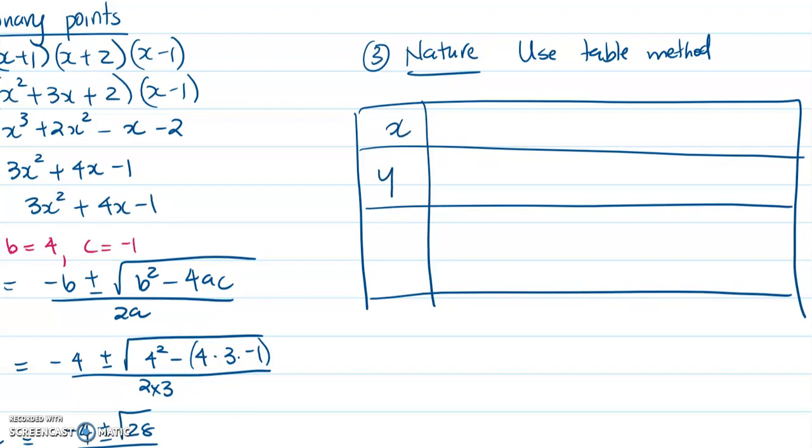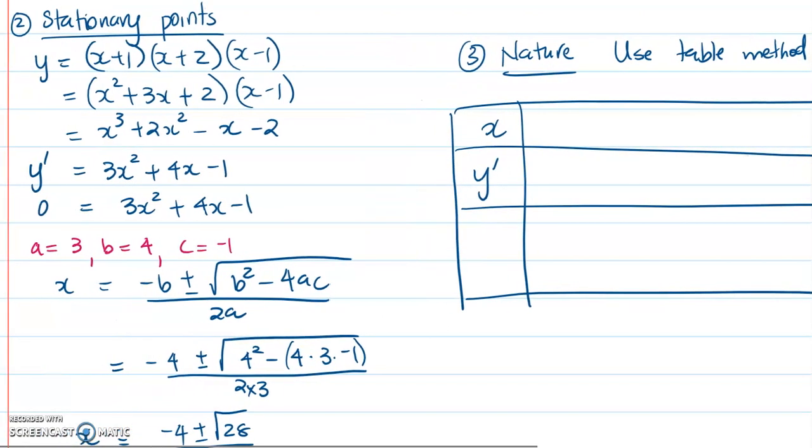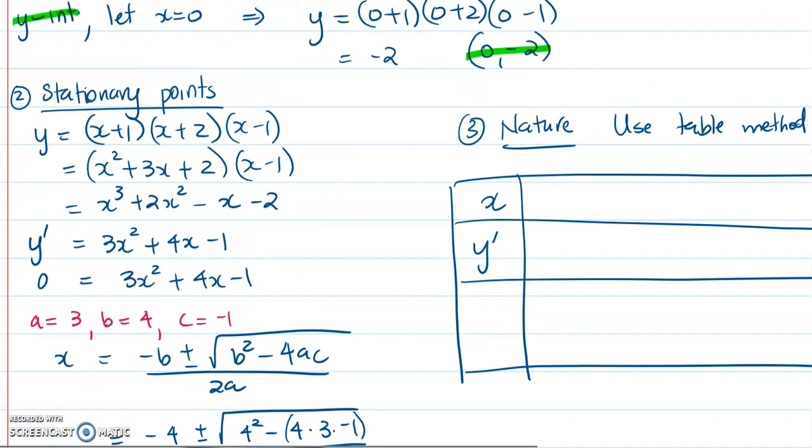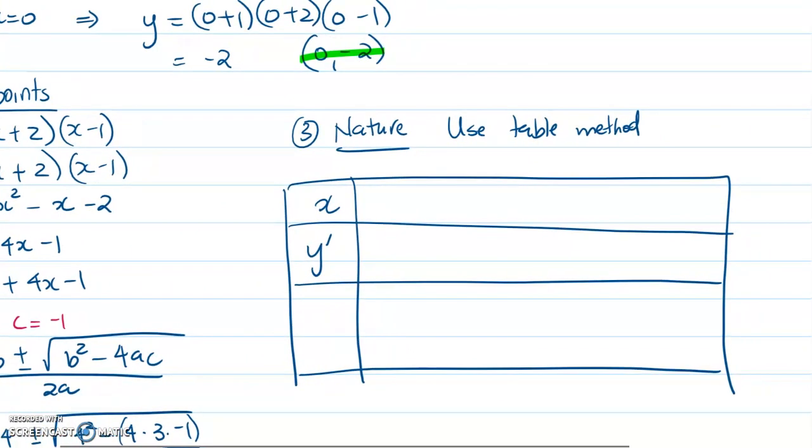Now our two values are negative 1.549 and 0.215. So let's write that down. What we can do is take values on either side of both those two values.